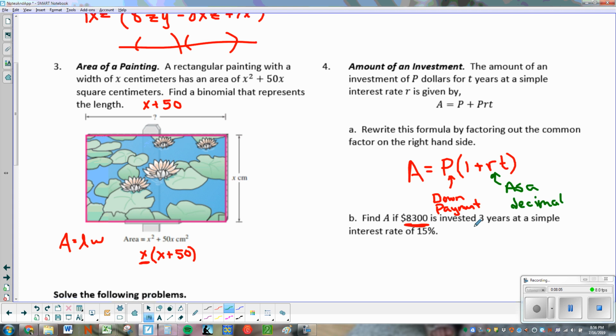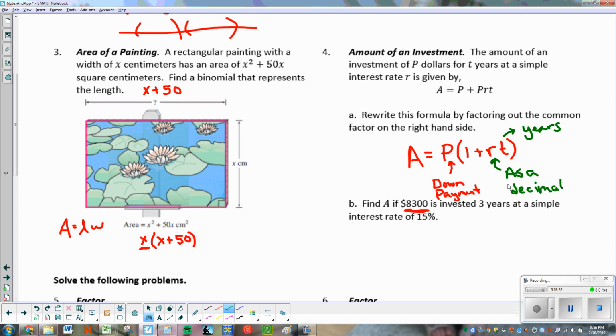And then the time can really be any amount of time, and it's dependent on the rate. This interest rate is a per year interest rate, and we're wondering about 3 years. So this time is just going to be your number of years. I get a lot of students asking, do I have to do any conversions from years to any other unit of measurement?